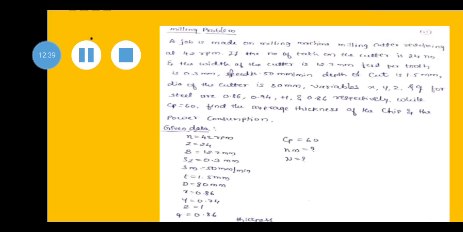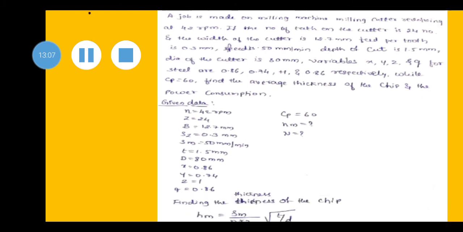The number of teeth on the cutter is 24, width of the cutter is 12.7 mm, feed per tooth is 0.3, feed is 50 mm per minute, depth of cut is 1.5 mm, diameter of the cutter is 80 mm, and the exponents x, y, z and q for steel are 0.86, 0.74, 1 and 0.86 respectively, while Cp is 60. Find the average chip thickness and power consumption.